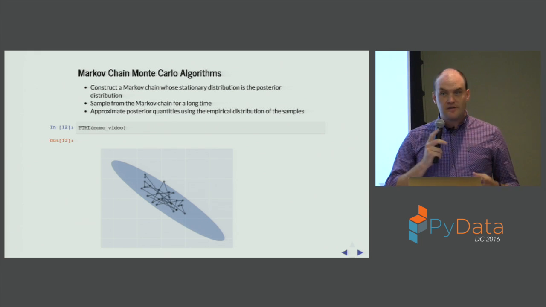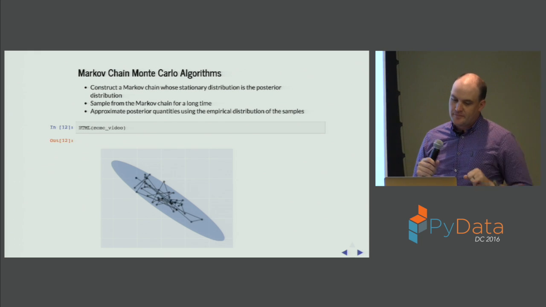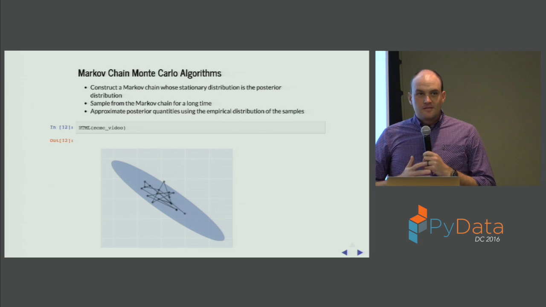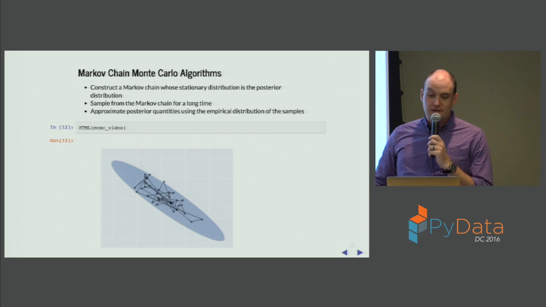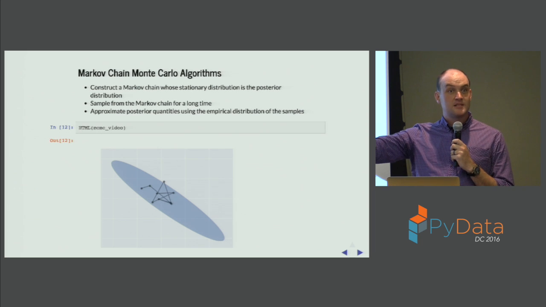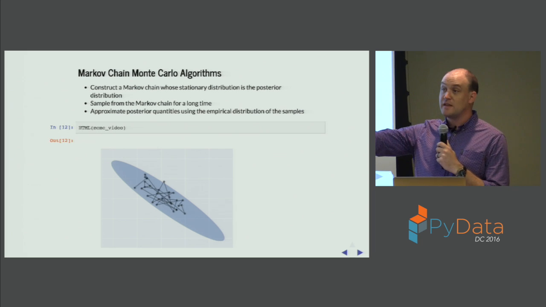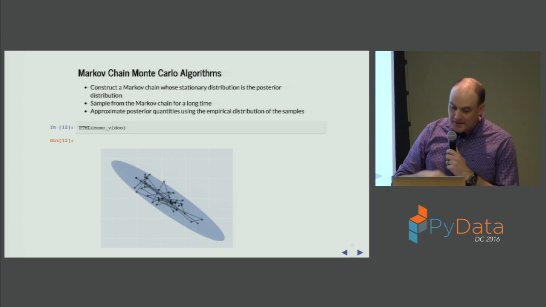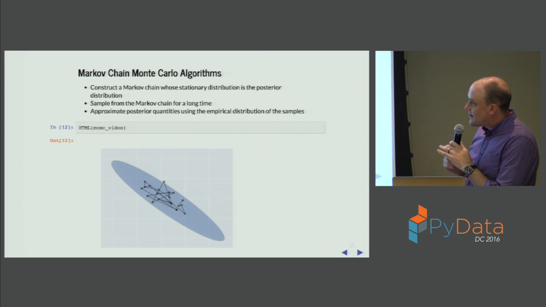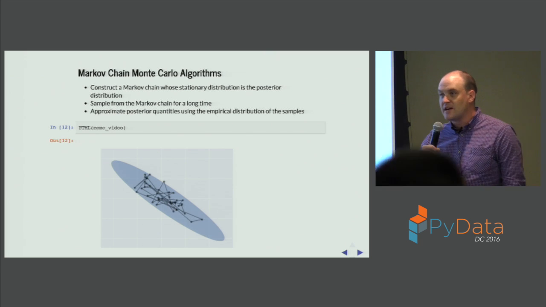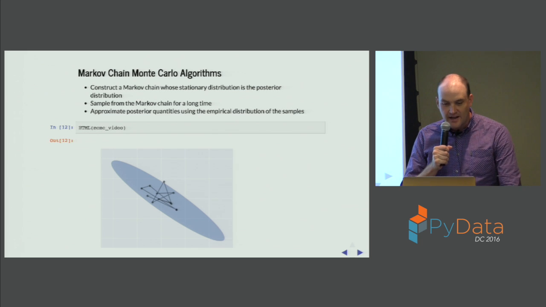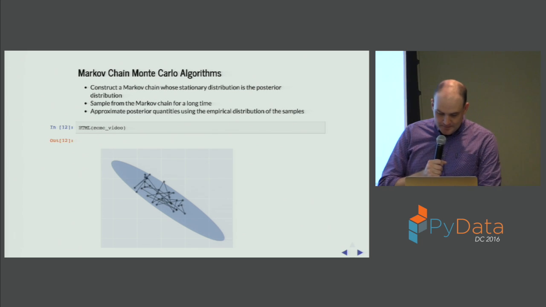Sample from the Markov chain for what I'll call a long time. What a long time means is actually one of the things I want to talk about here. Then approximate posterior quantities based on the empirical distribution of those samples. Here I have a little animation of a Hamiltonian Monte Carlo algorithm exploring a normal posterior distribution.